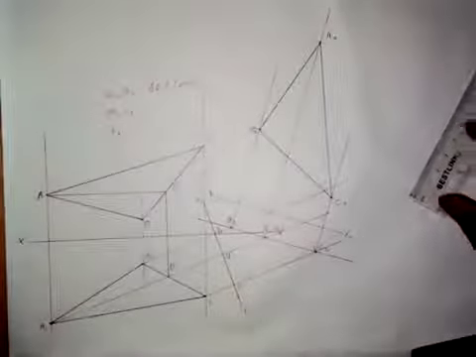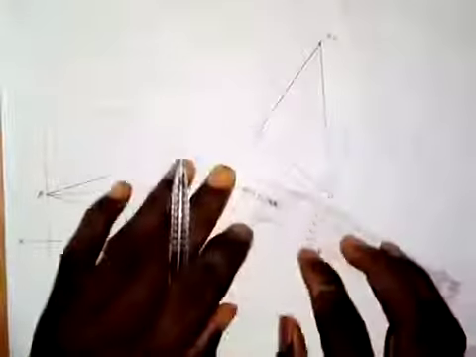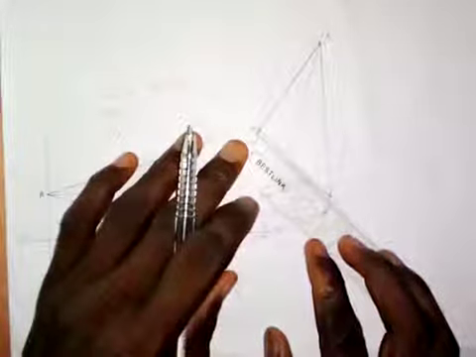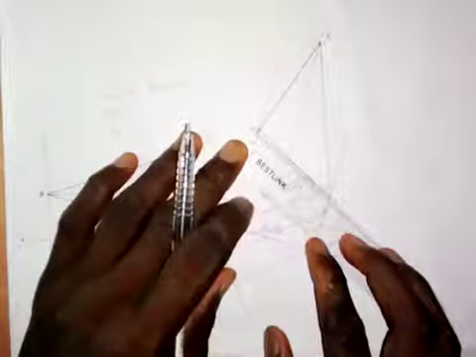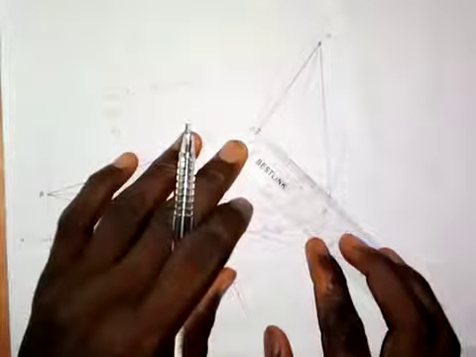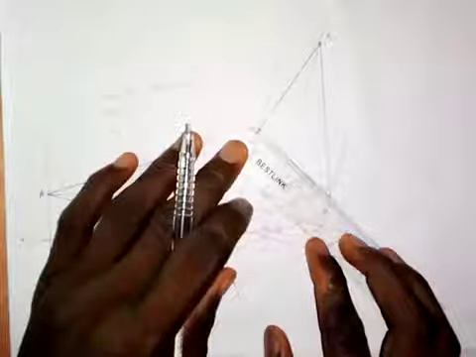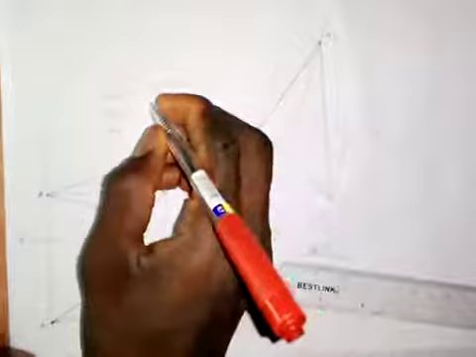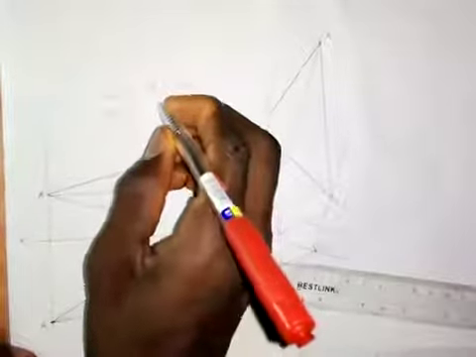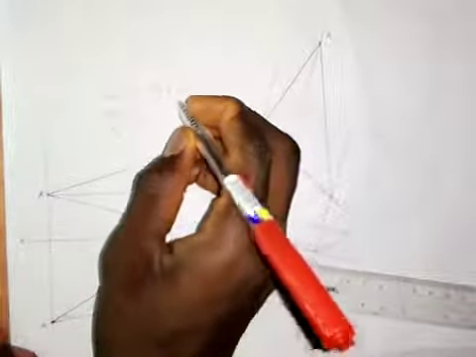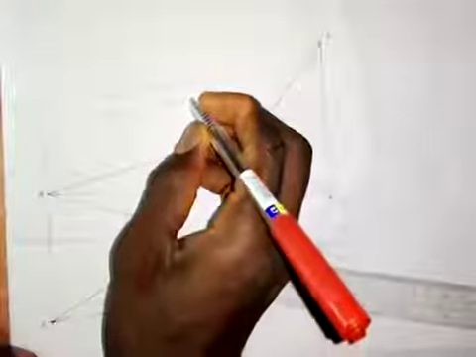Next is B3C3. You take this measurement. This is 57 millimeters, so I will write 57 plus or minus 1 millimeters.